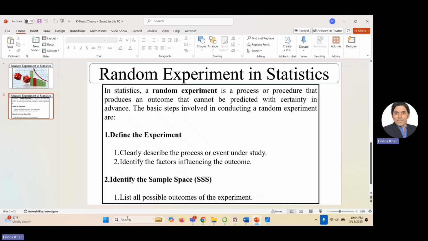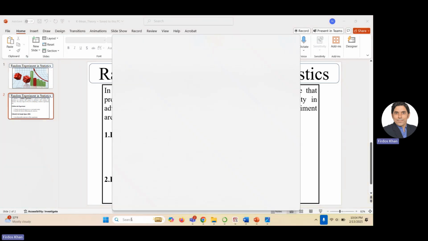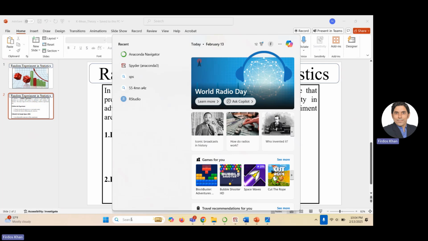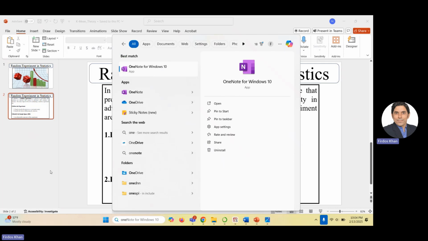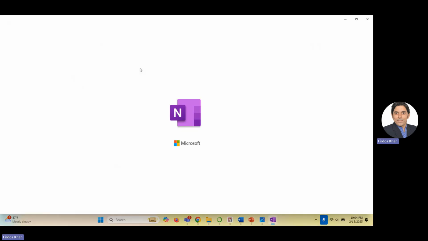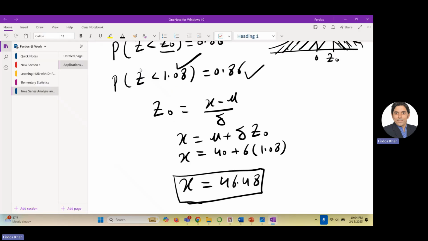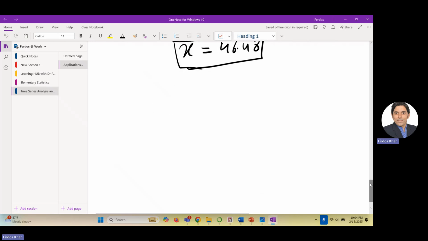Let me open one note so then I can write. When you are tossing a coin, you cannot say that it will be head or that it will be tail with certainty. So in that case, you may get a head or you may get a tail.